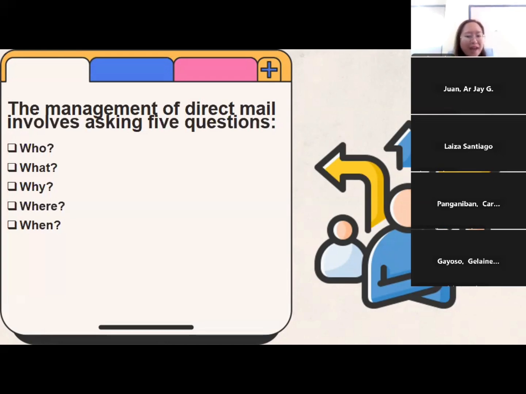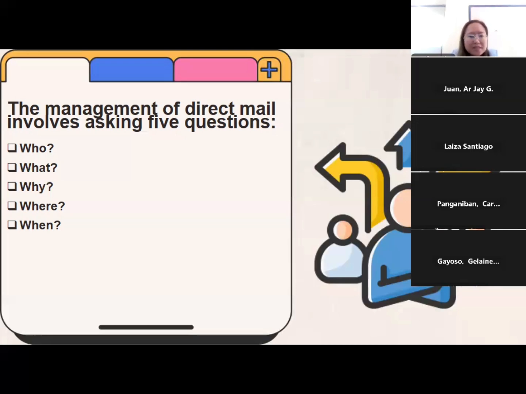Another is why. Clarity is very important. You need to clarify the reason they should respond, like highlighting products, benefits, or special offers. Like the company Target, they might emphasize the benefit of exclusive discounts or new product lines to attract customers to their stores or website.